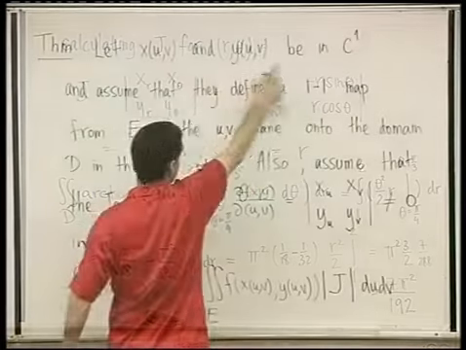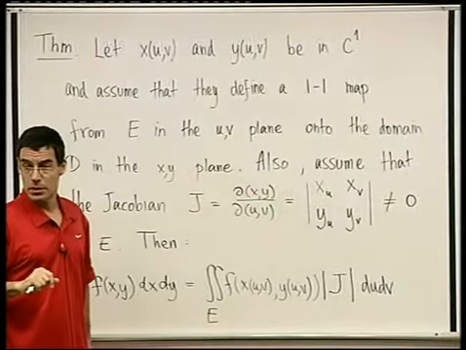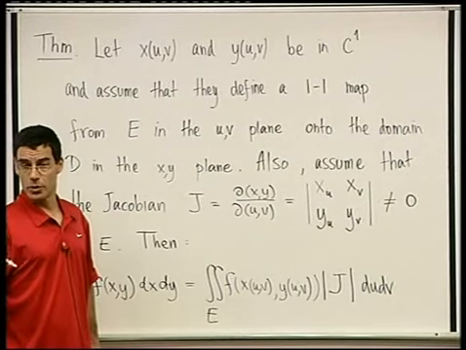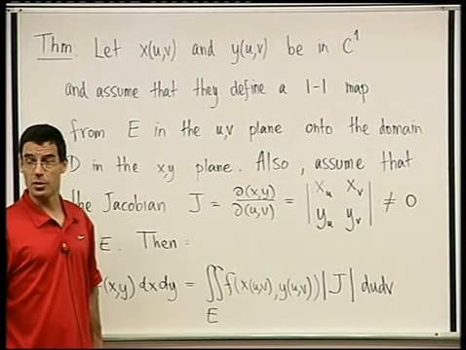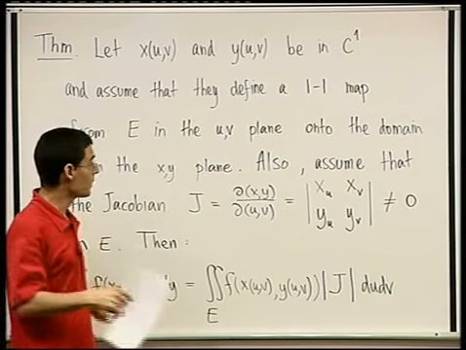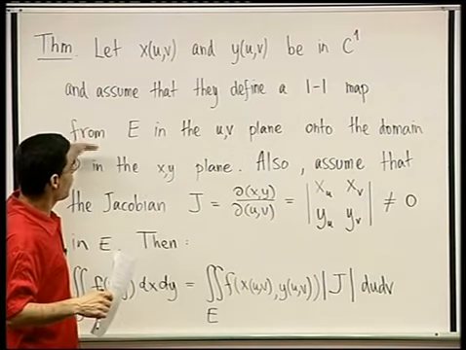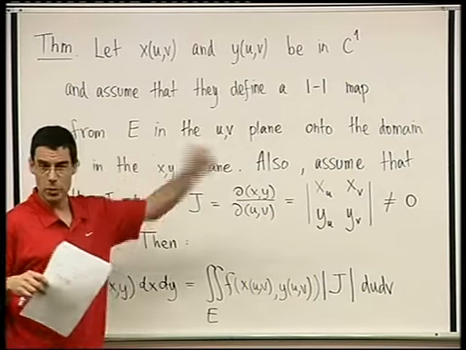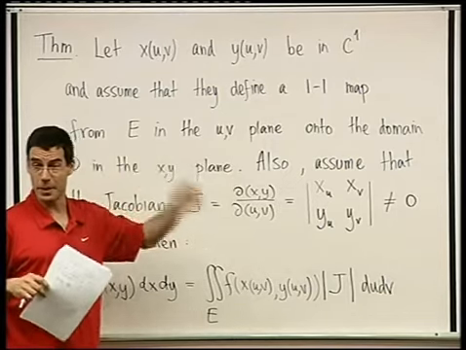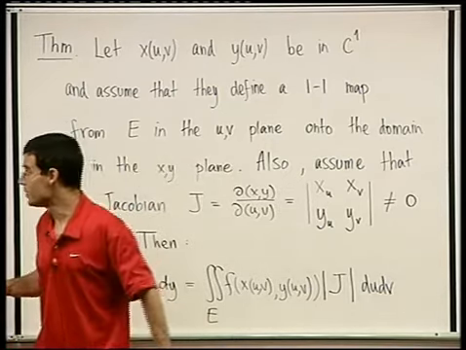The functions have to be C1. That's easy, right? It's r cosine theta and r sine theta. Those are C1 functions, right? They have to define a one-to-one map, a one-to-one correspondence between the domains. Let's look at what the domains were.